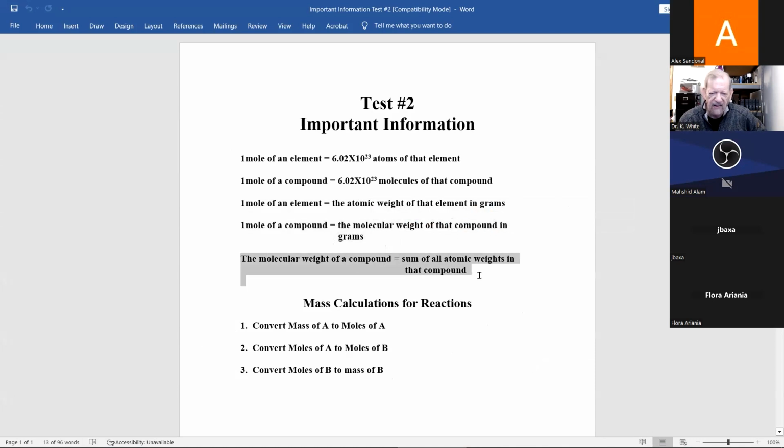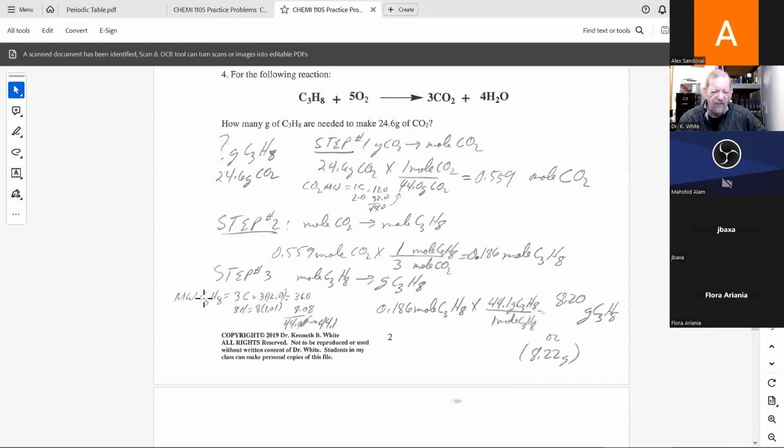And the molecular weight of that compound is the sum of the atomic weights. I need to find the molecular weight of C3H8 to get this number. And over here, the molecular weight of C3H8 is the sum of all atomic weights.